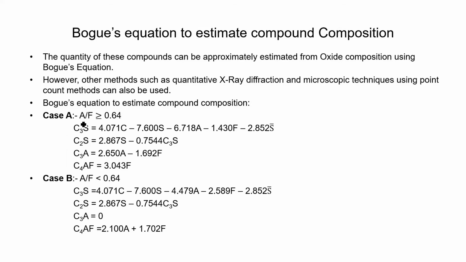There are two cases: when the ratio of alumina to ferric oxide is greater than or equal to 0.64, then we use these four equations to estimate the Bogue compounds, and when the ratio of alumina to ferric oxide is less than 0.64, then we use these four equations.